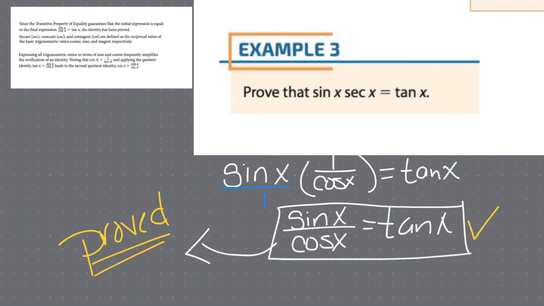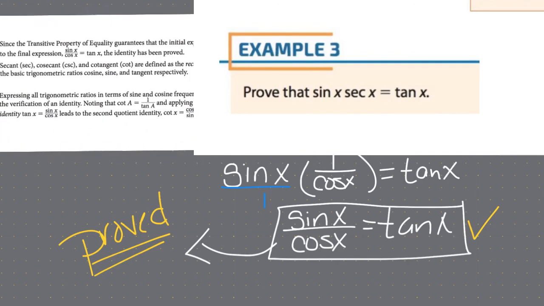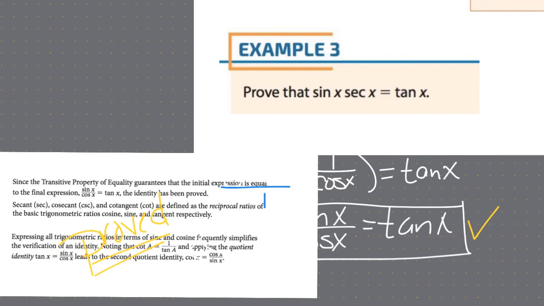But remember earlier, when we were looking at that big paragraph, I said, you're going to want this. So look right here, down at the bottom. Here's some other things we have down at the bottom. Expressing all trigonometric ratios in terms of sine and cosine frequently simplifies the verification of an identity, noting that cotangent is 1 over tangent, and applying the quotient identity that tangent is sine x over cosine x leads to the second quotient identity, cotangent of x is the reciprocal of the tangent of x.